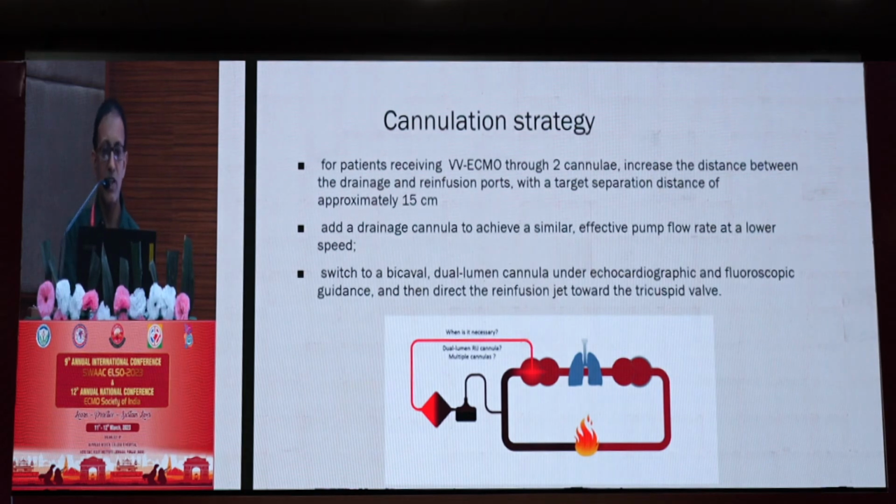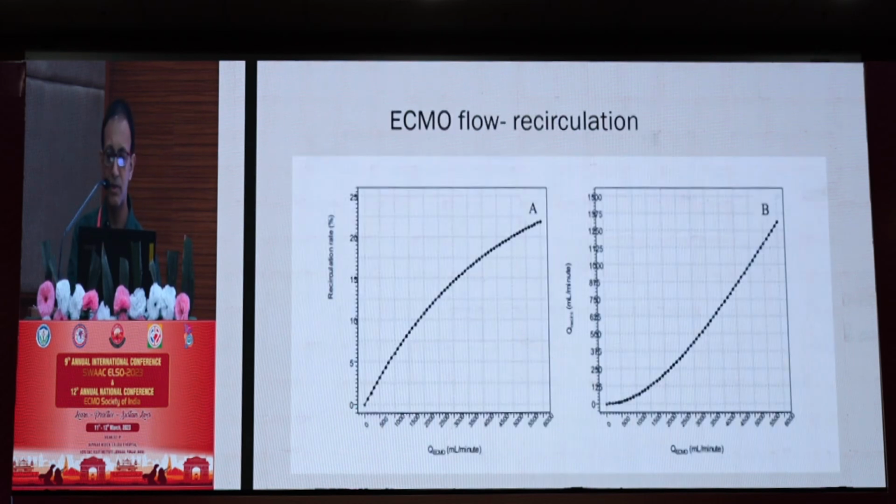So for patients on VV ECMO, the best thing is to increase the distance between the drainage ports, targeting a distance of approximately 15 centimeters. If you are still not able to manage, add a drainage cannula to achieve a similar pump flow at a lower pump speed, and switch over to a double lumen cannula if nothing works out.